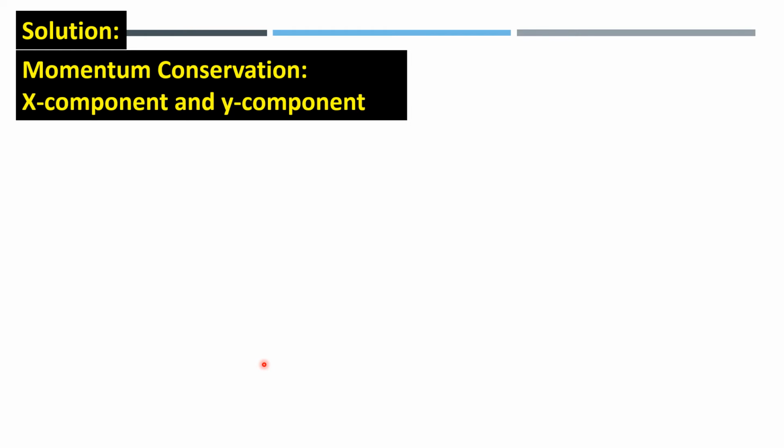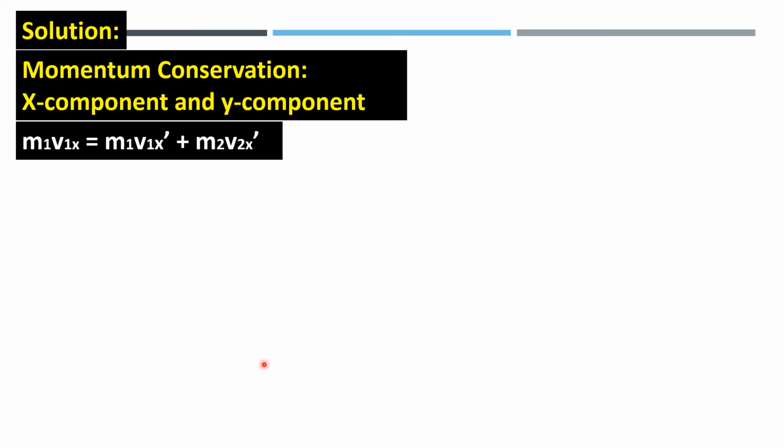So what we will do first is determine the equation based on the momentum conservation. We will describe the total momentum of the two bodies, particle A and particle B, along the x-axis, that is, the x component. And this is how it's written.